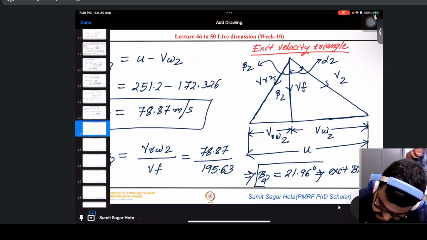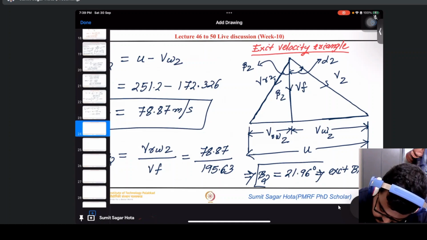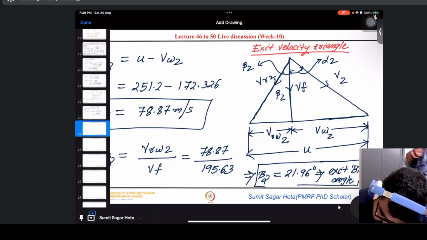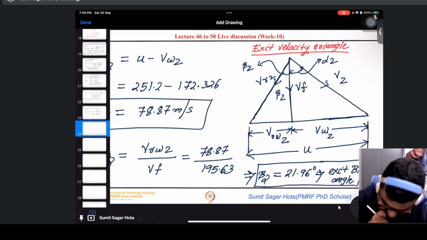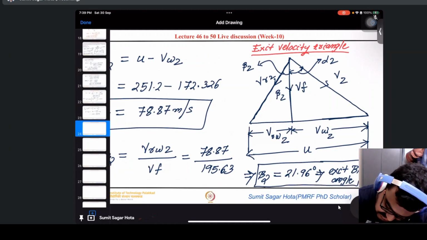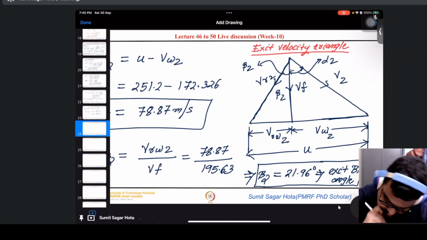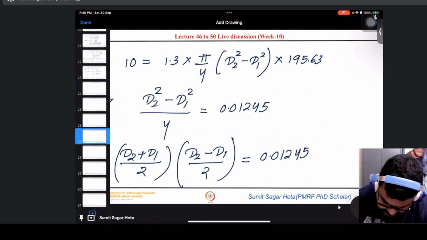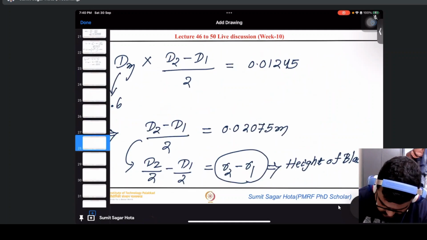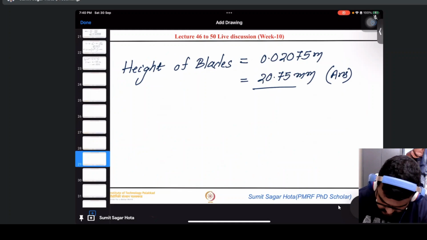Beta 2 is your exit blade angle. This is also the answer.